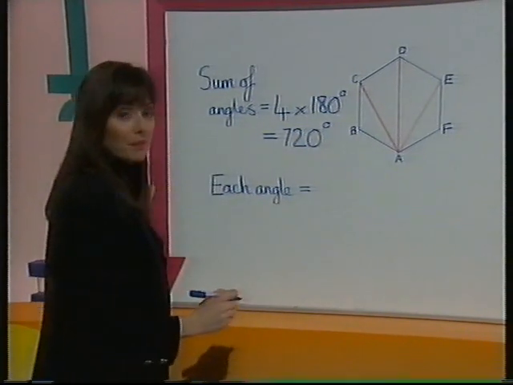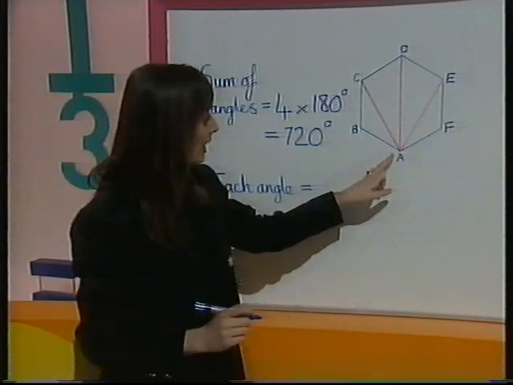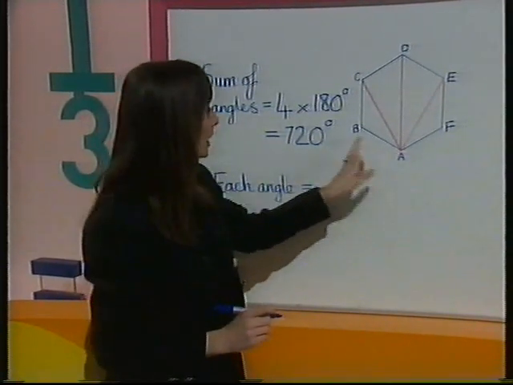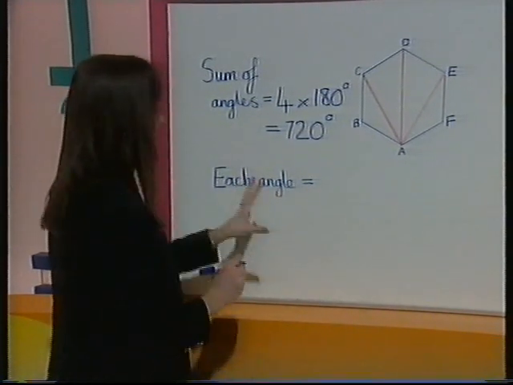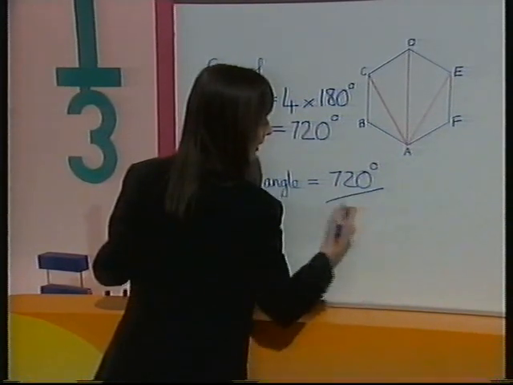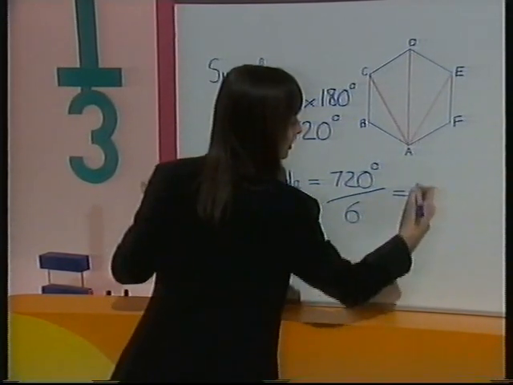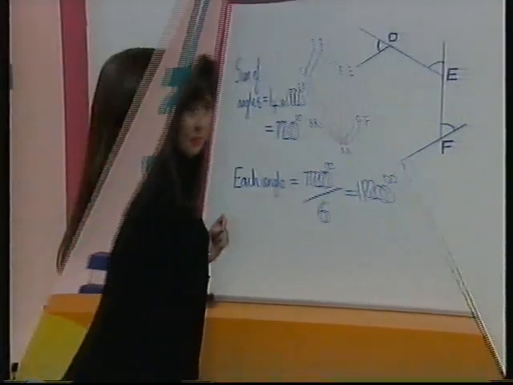720 degrees. Now, in a regular hexagon like this, there are 6 equal interior angles, A, B, C, D, E, and F. So each one must be equal to 720 degrees divided by 6, which equals 120 degrees.